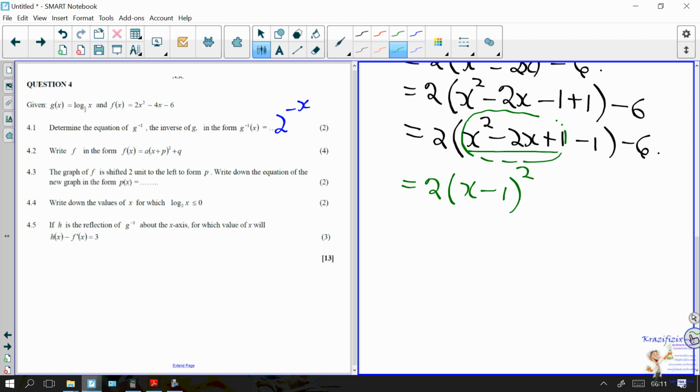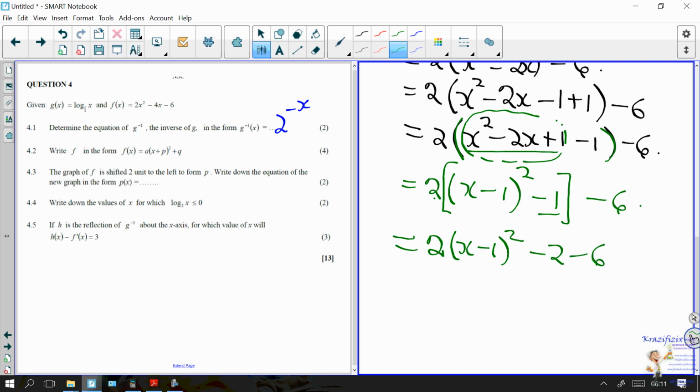Remember that I still have this bracket, which I can introduce this way, minus 6. Let's expand: 2 multiplies this whole bracket, x minus 1 squared. 2 times negative 1 is negative 2, and I have my negative 6. So this would be 2(x minus 1) squared minus 8. And that's how we work that out quickly.